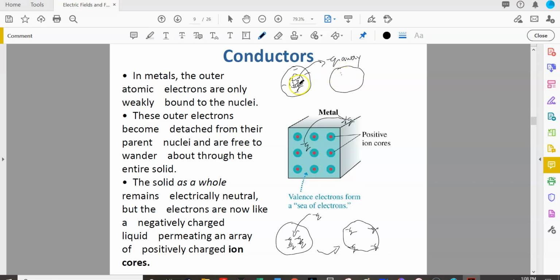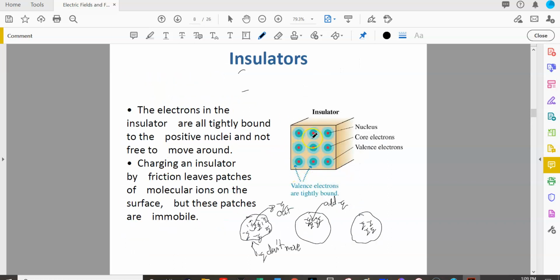Okay. So overall, right in this patch, it's now positive, but then eventually these electrons are going to fill that gap and pair up with those protons in that area. And they could come from one side of the body or the other. So with conductors, electrons are free to roam all over the entire object. But with insulators, electrons are kind of stuck in their place.